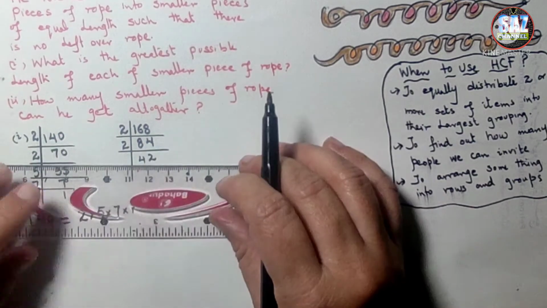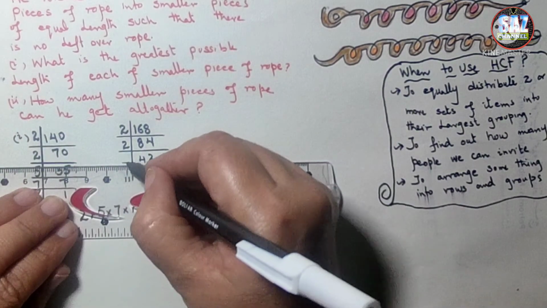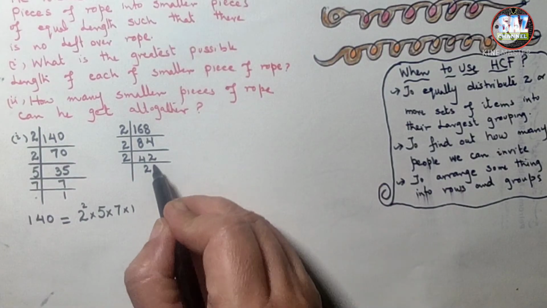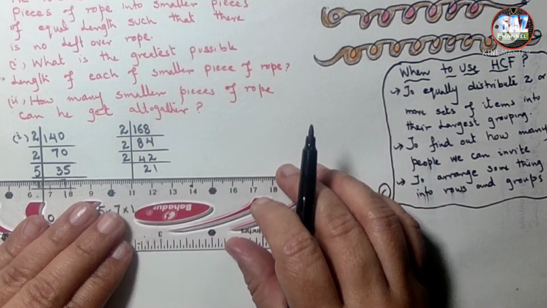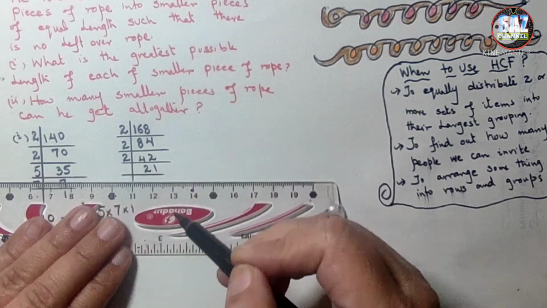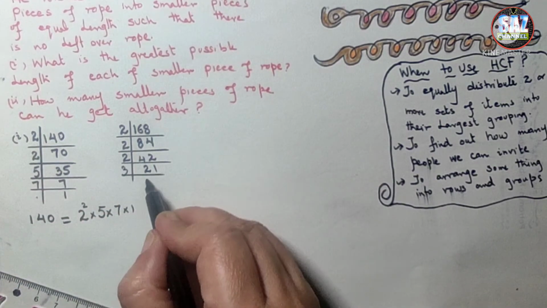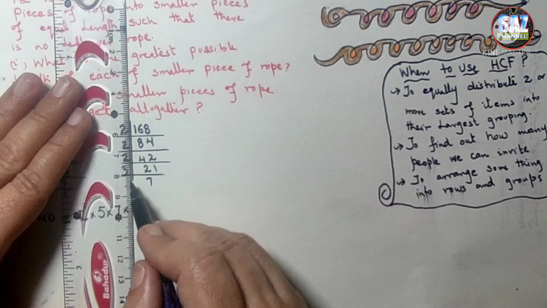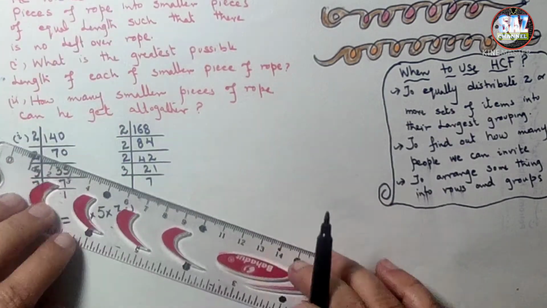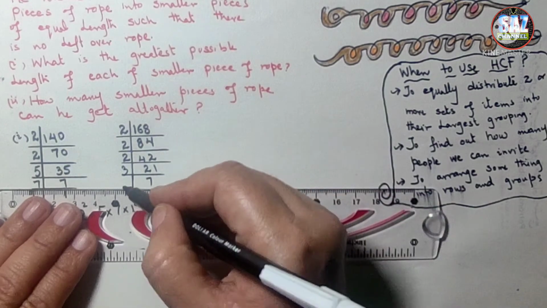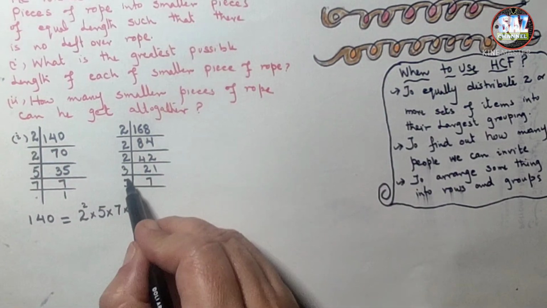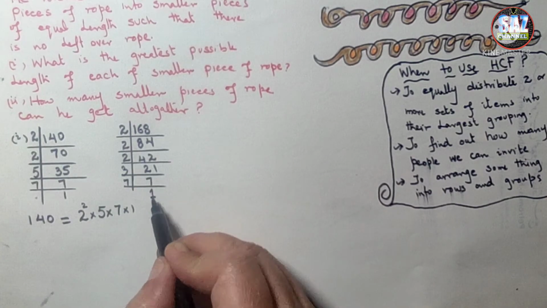Then again 2, again 2 2s are 4, 2 1s are 2, and again 2 3s are 6, and 7 ones are 7. Let me extend this line. I am going really slow because I'm specially making these lessons for my class 6 and 7 junior friends.